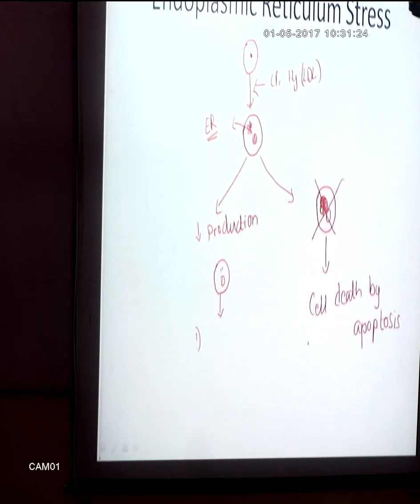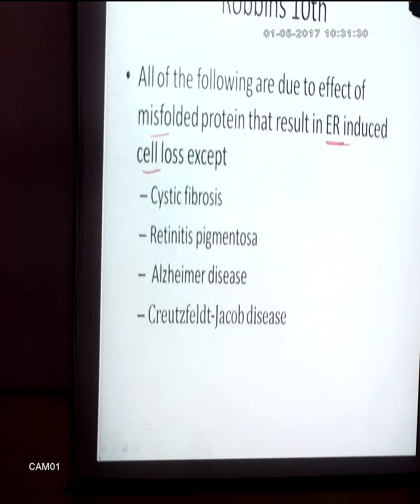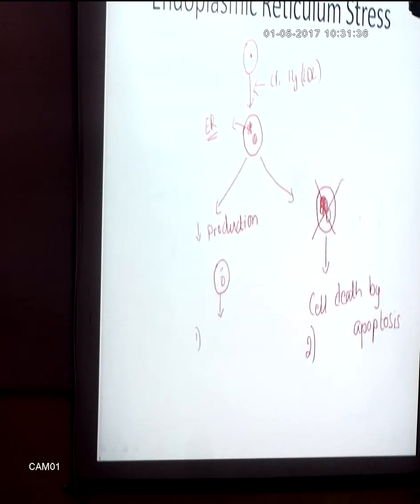That's the second step. Okay, I'm coming back again to the previous screen. Misfolded protein as a result of ER-induced cell loss. This ER-induced cell loss is the second step. ER, that is endoplasmic reticulum, induced cell loss.